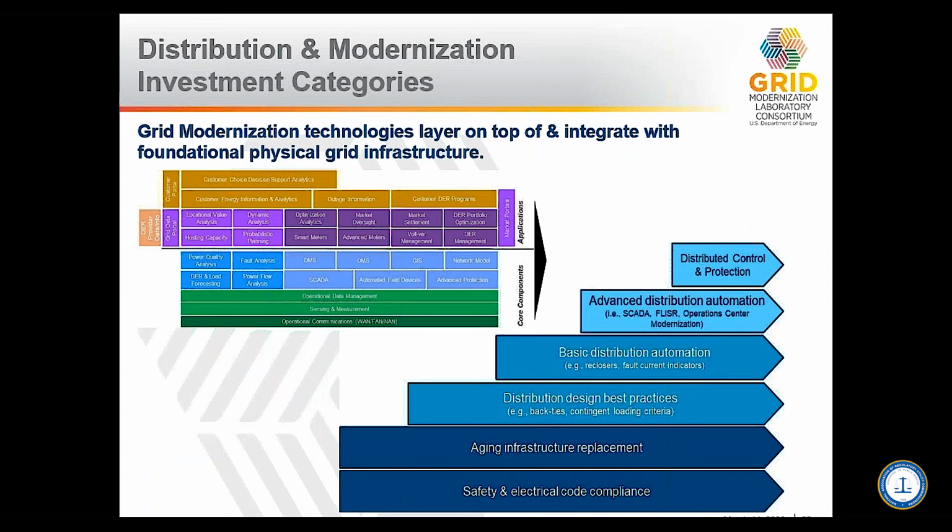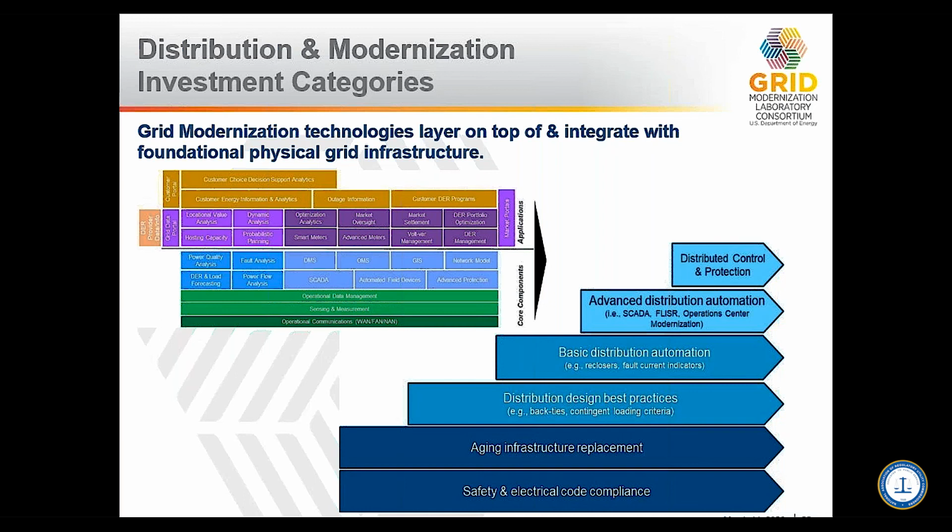The other thing is, and we'll talk more about this over the course of the next 2 days, but it's important to understand where grid modernization fits in the overall distribution investment. It is not all the investment, it's a part of it. It's an important part, but it builds on things like fundamental safety and electrical code compliance, aging infrastructure replacement, then things like distribution design best practices that tie into reliability and resilience, basic distribution automation.